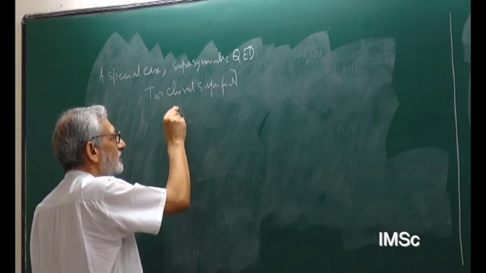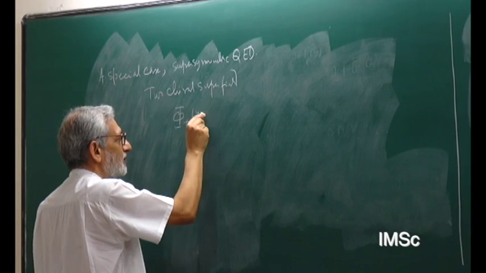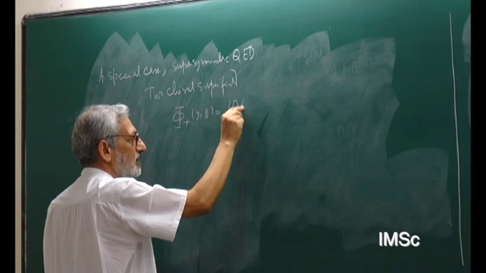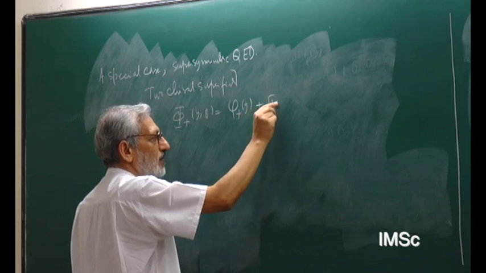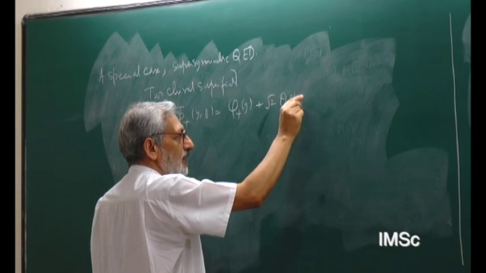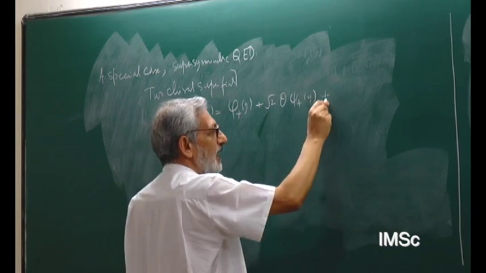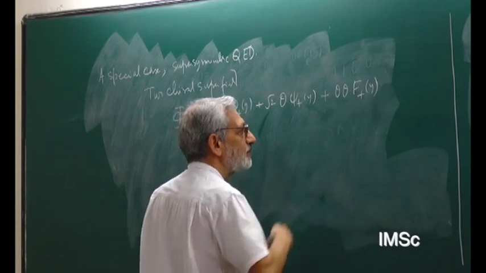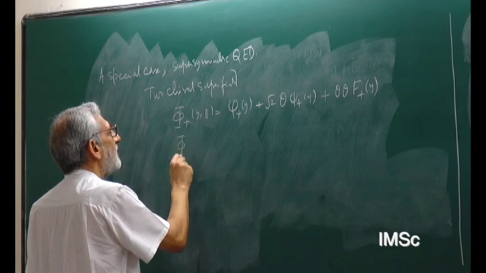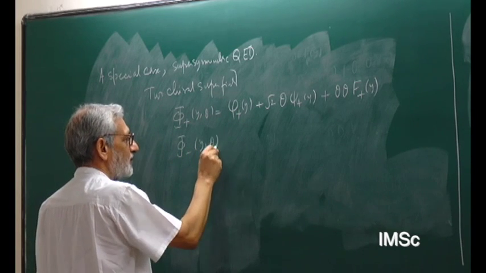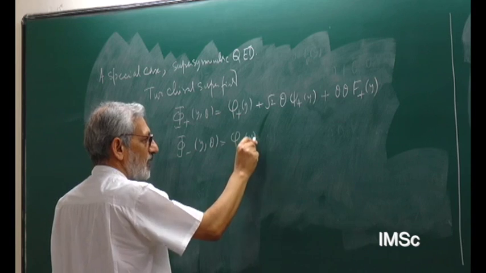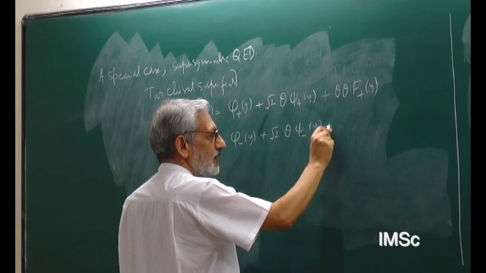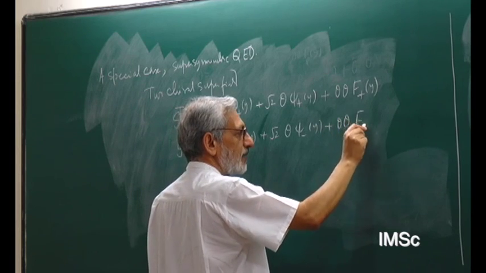Call it phi plus, with components small phi plus, fermionic component psi plus, and auxiliary field F plus, and phi minus, with psi minus and F minus.